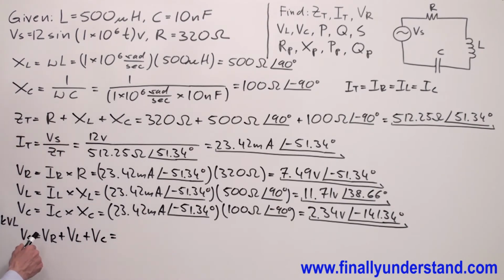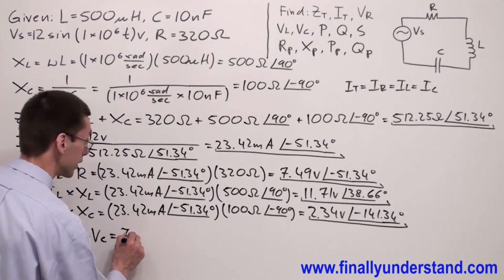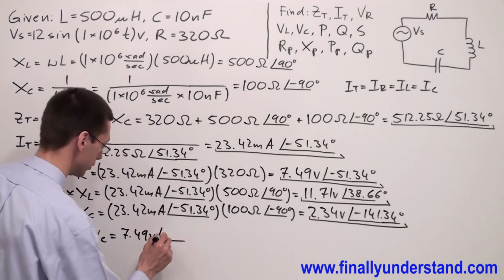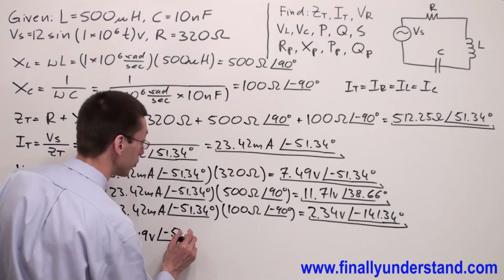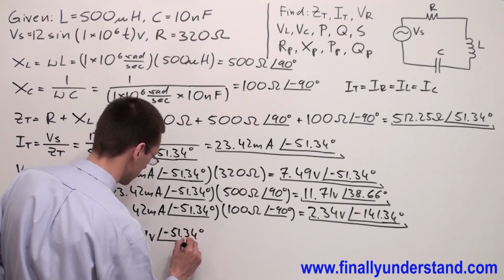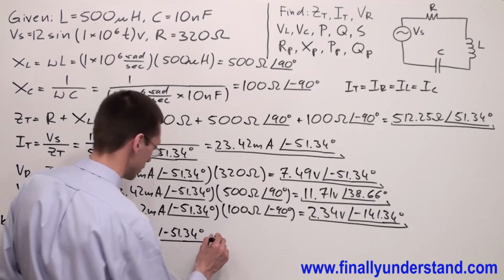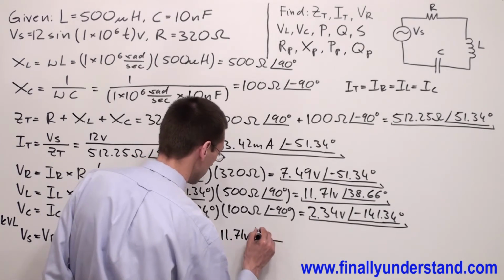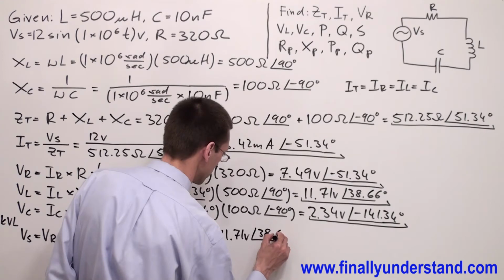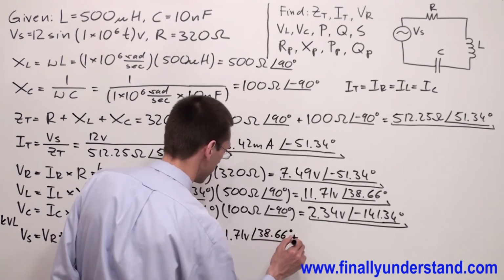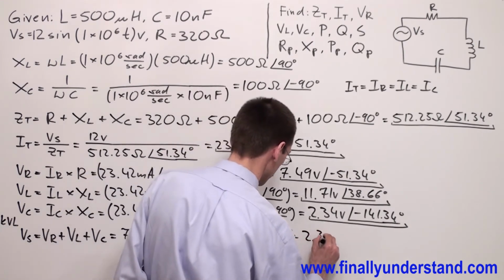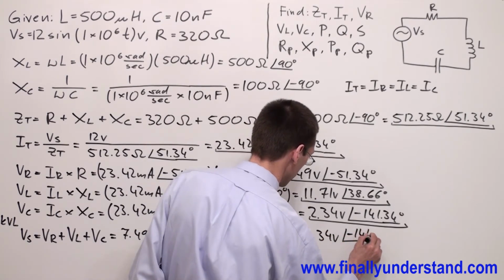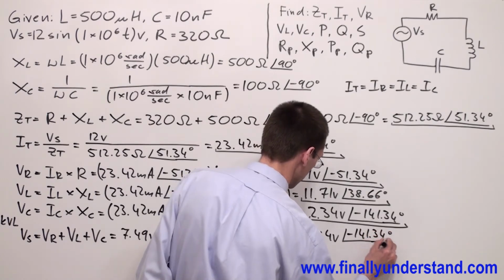So I have VR equals 7.49 volts and angle of negative 51.34 degrees plus 11.71 volts and angle of 38.66 degrees plus 2.34 volts and angle of negative 141.34 degrees.